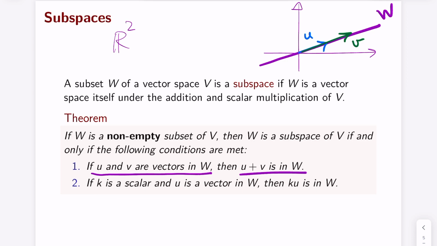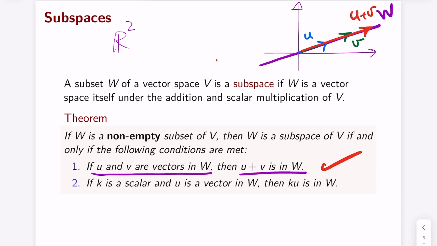Because both vectors are in the same direction, the addition of these two, u plus v, is really in the same direction. It's going to be still in the same line W. And we can see also that it's true for the scalar multiplication.